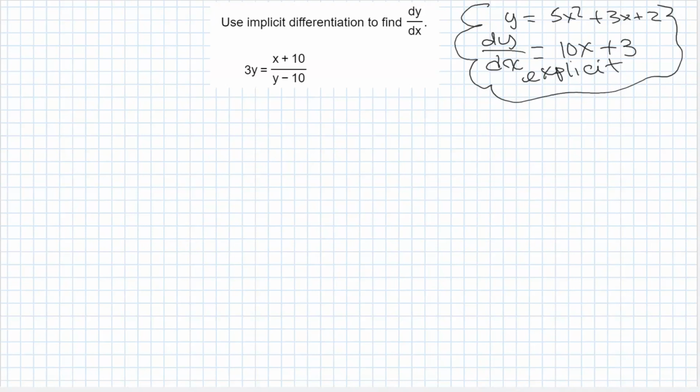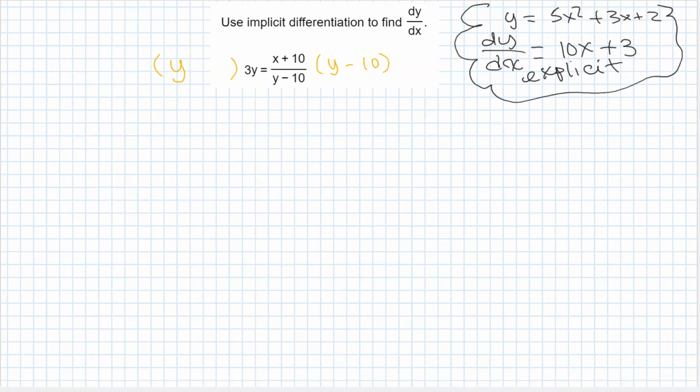And when we take the derivative of both sides, we will have to apply the chain rule on y. And so for this problem, I think the easiest thing to do first is to get rid of the denominator so that we don't have to apply the quotient rule.